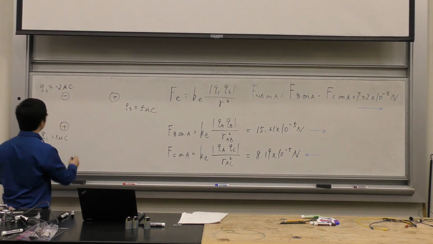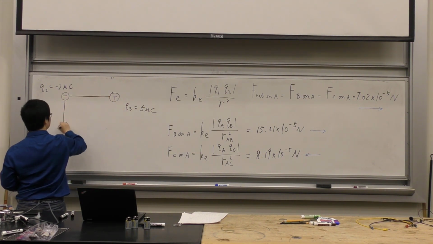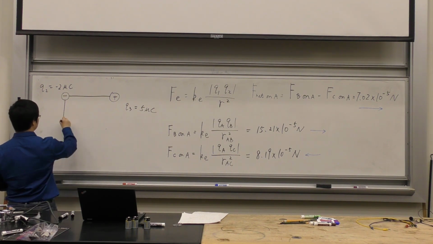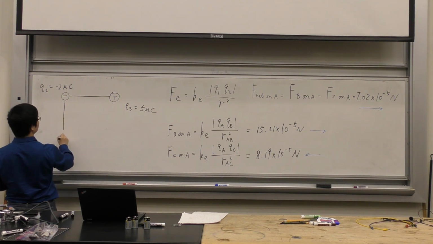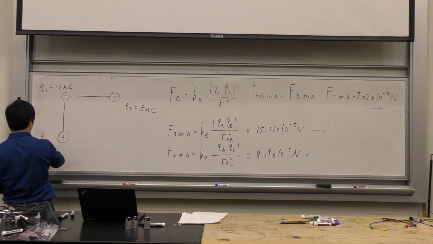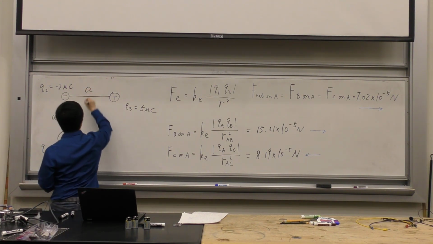And then we also know they form a right triangle, okay? So that makes our life a little bit easier. And then these 2 sides, I should make them almost the same length. So this side is A, this side is also A, okay?